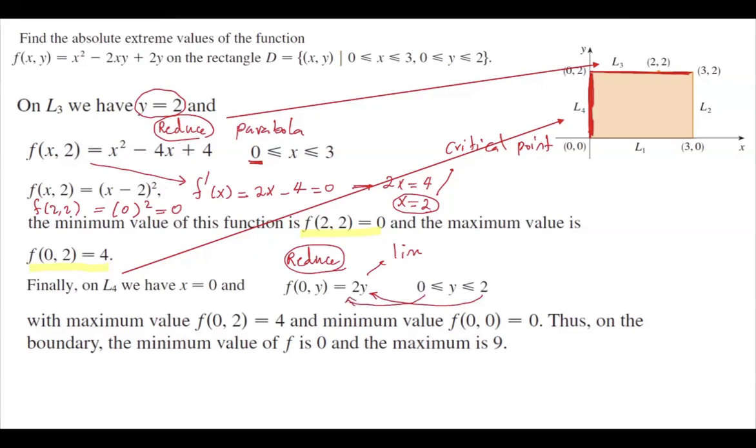So comparing these values helps us find the maximum and minimum value of the function. The maximum value of the function on this closed rectangular region is 9, and the minimum value is 0. So if somebody asks you what the maximum is, it is 9. And what is the minimum? The minimum is z equals 0. So that's how we find and analyze the maximum and minimum value of the function over closed regions.